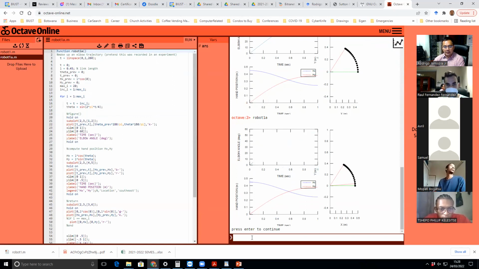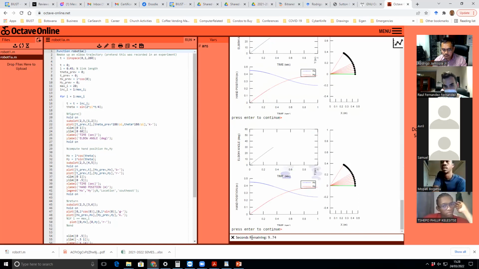Okay, let's clear first. Can I cancel everything? Okay, what I'm doing here is that there's only one planar robot, just the simplest example of a planar robot that Dr. Rahul showed.